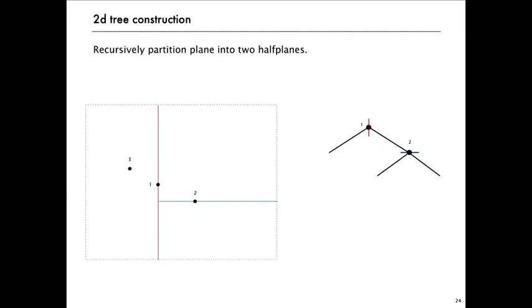Similarly, if our third point comes on the left, again we'll partition according to the horizontal line through that point on the left. So if we go left and then left, that means all the points to the left of 1 and above 3, so the square in the upper left is represented by that node in the tree.